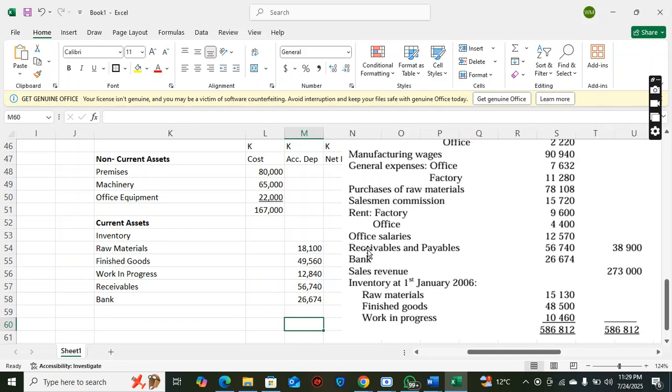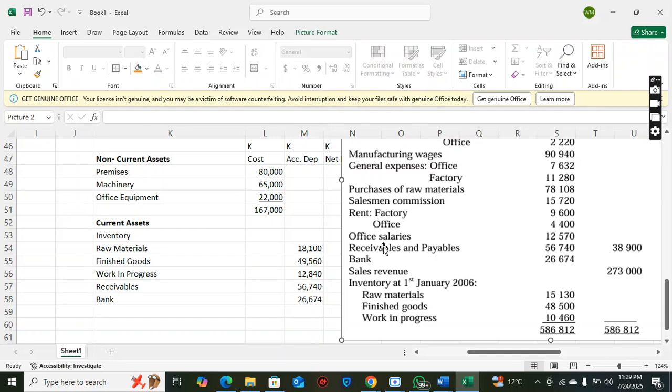You see discount received and discount allowed, and they've put figures there. Which one will be discount allowed and which one will be discount received? Because there are many possibilities that Mr. Romeo can add into this. You might even include provision for doubtful debts.